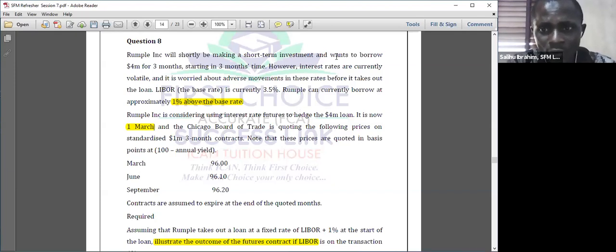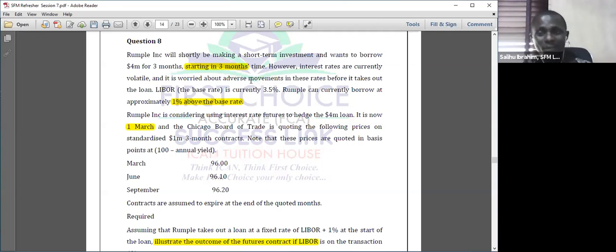The company wants to borrow 4 million for 3 months, starting in 3 months' time. So if you count 3 months from 1st of March, that will be May 31.